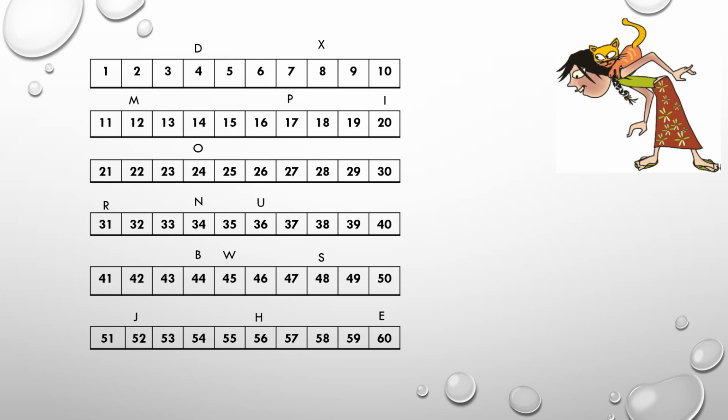So what we are going to do for finding out whom he is waiting for, first we are going to mark with a red dot all the numbers which are divisible by 2. We are just marking a red dot on the numbers which are divisible by 2.